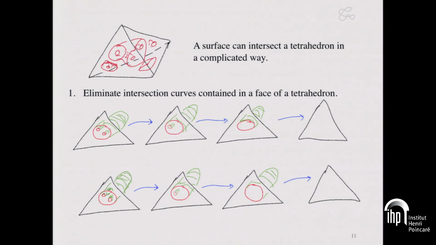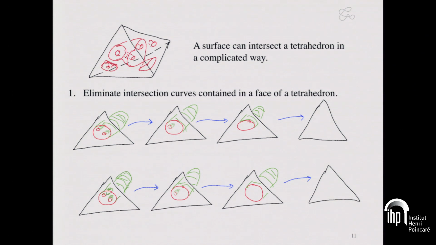First you look just inside a triangular face, and you look for a circle that lies completely inside that triangular face. There may be many. If there are many, you look for one that's innermost, that doesn't have any inside it. You can order them, and there always will be an innermost one, because there's a finite number.